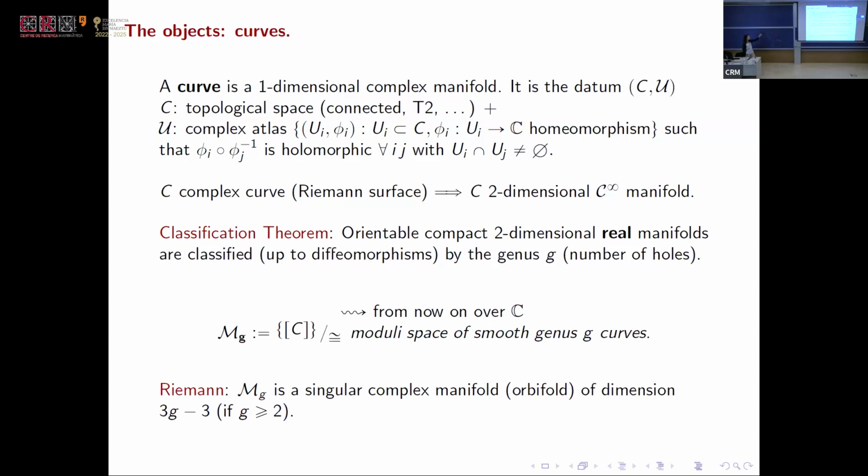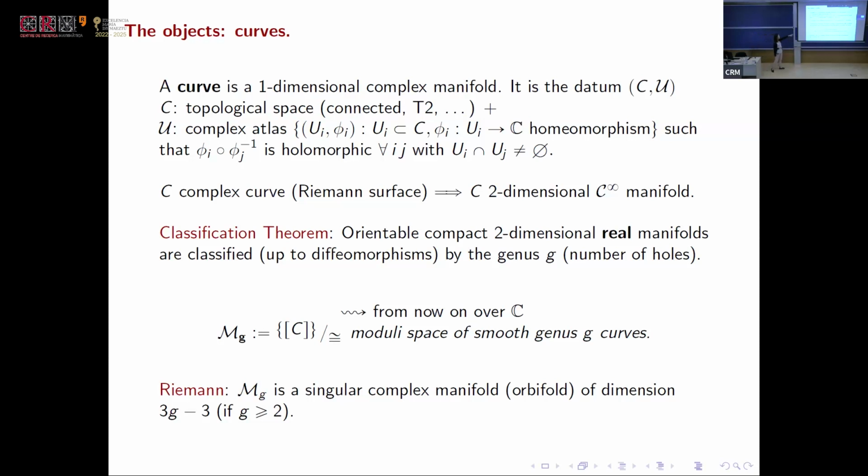Moduli spaces are very much used in algebraic geometry, and the idea is that you want a set where every point corresponds to an isomorphism class of objects. In this case, I'm considering the equivalence relation given by isomorphisms.